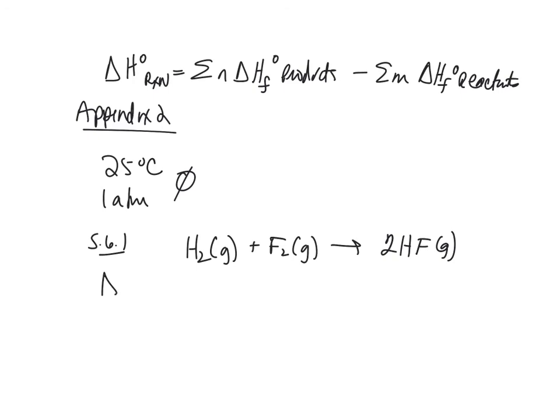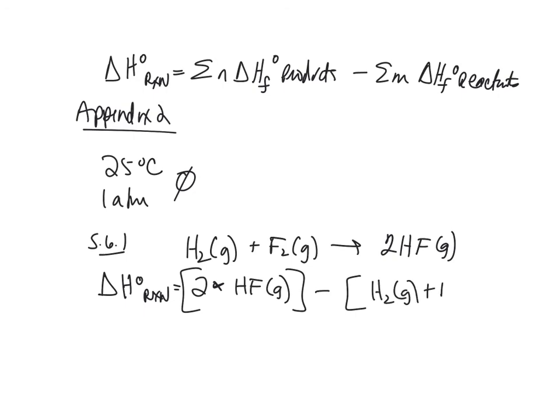And so what we want to do is the delta H of reaction, and we have 2 times HF in the gas, minus the sum of hydrogen gas and fluorine gas. Now these are in their elemental state, so you can look those up and you'll see that those are 0 kilojoules per mole, that delta H of formation. I'm looking at it right now. Hydrogen and fluorine gas are 0.